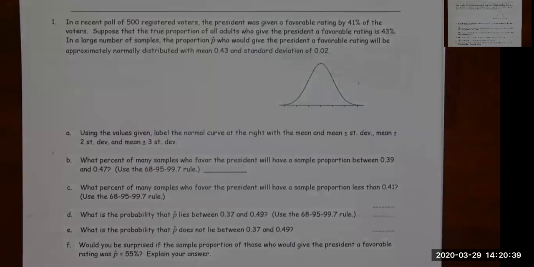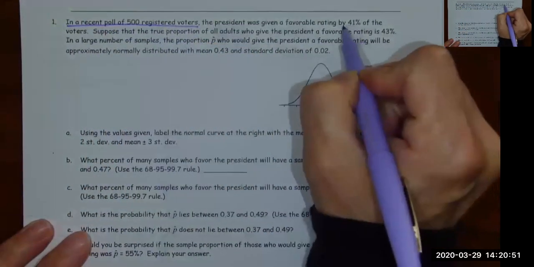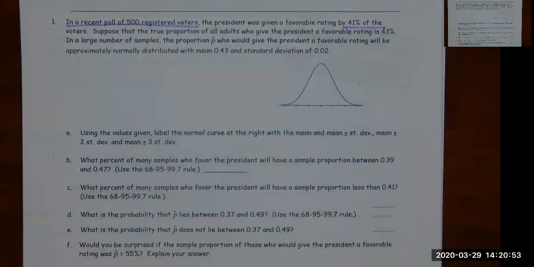Okay, in a recent poll of 500 registered voters, the president was given a favorable rating by 41% of the voters. Now, notice, in a recent poll, he got a 41, right? So 41 is not our mean, right?